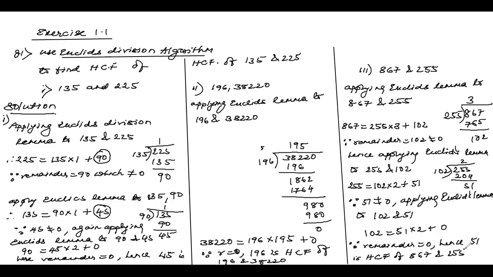So you can see here, children, we learned one algorithm. Always you have to apply Euclid's division lemma at every step. That's the name of it, Euclid's division algorithm. So you have to use that algorithm and find the HCF.